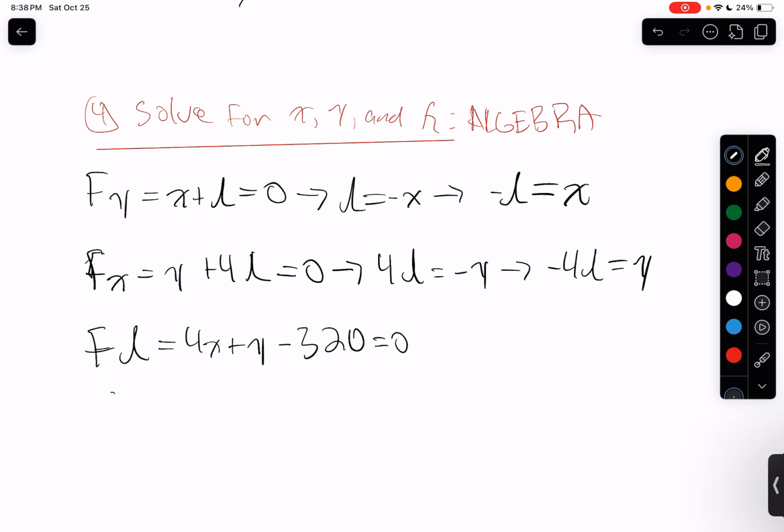We're going to plug in our values. F lambda equals 4 times negative lambda for x, plus negative 4 lambda, minus 320. And that's going to equal 0.